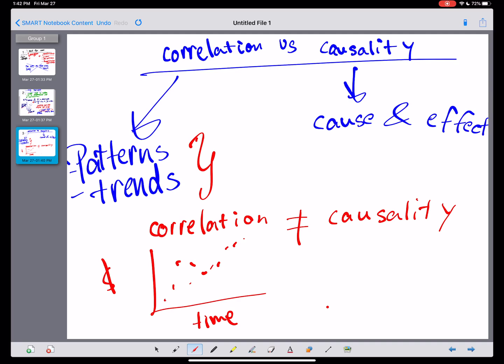We don't know that. We can only say that that's a pattern or a trend that we see from the beginning to wherever the graph ends. But it's not correct to say that time is a direct cause of the money, if that makes sense. Okay. Now, that's not to say that that's not always true.